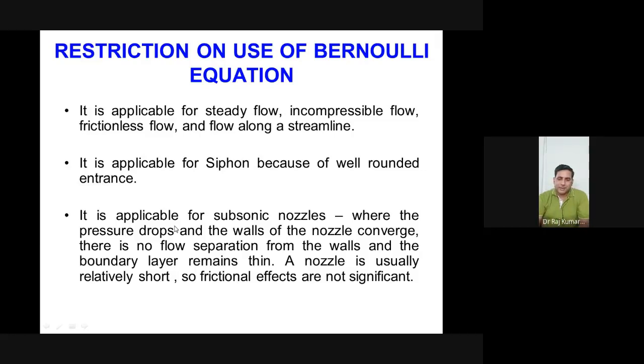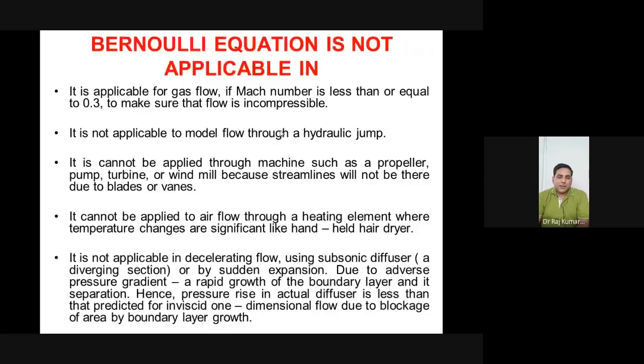Constraints are these. Keep in mind the first four constraints: steady, incompressible, frictionless flow. Let's see applications where it is not applicable. First thing, as we said in the beginning when we were talking about Mach number, gaseous flow and all this.